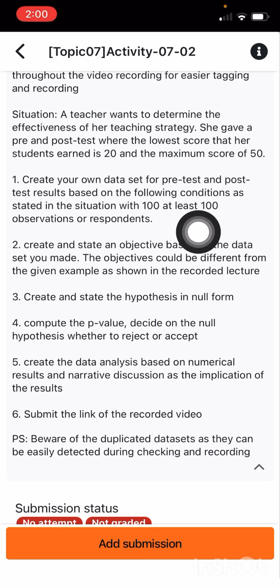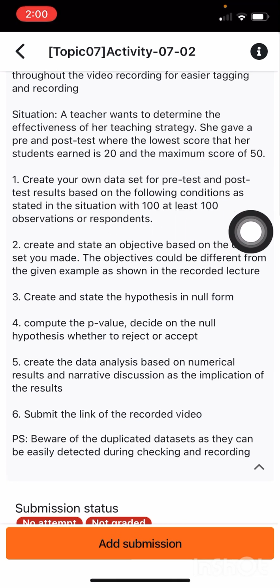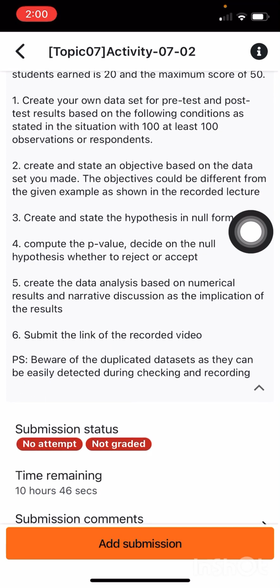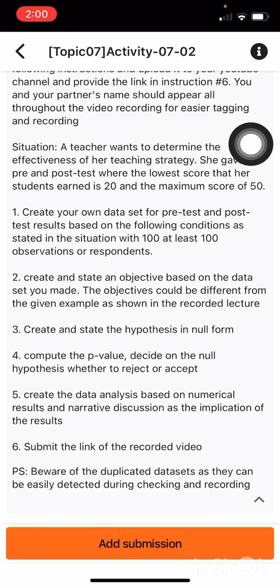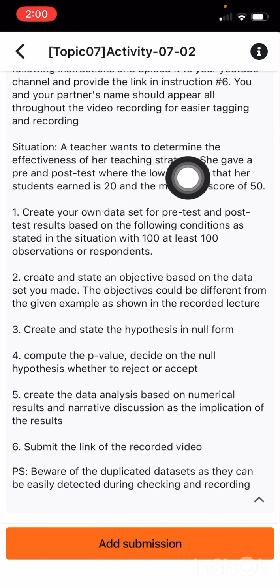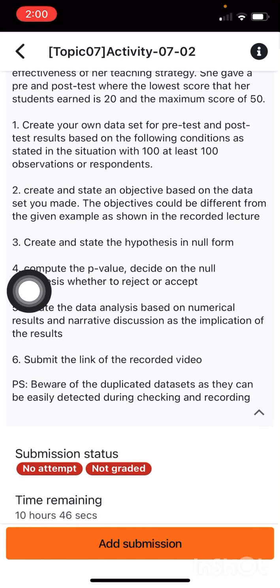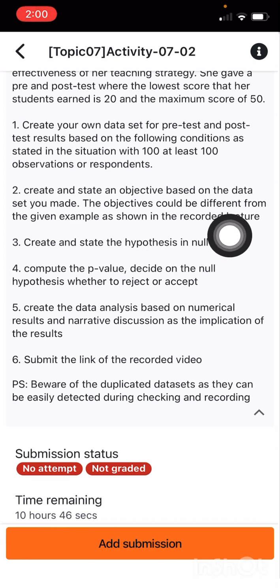We will use 100 respondents. 100 times 2 is 200, because this data has two sections.